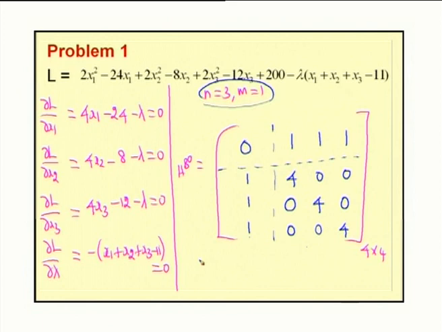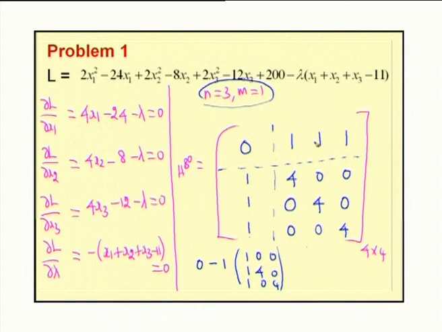Now, we try to find the determinant value of this bordered Hessian matrix. We find the determinant along this row. The first entry is 0, therefore, we have 0 into something. So, it will become 0. Then the next one is minus 1 into the minor for this one, which is the matrix 1 0 0, 1 4 0, 1 0 4. For this one you omit the corresponding row and column, and we get the minor as 1 0 0, 1 4 0 and 1 0 4.